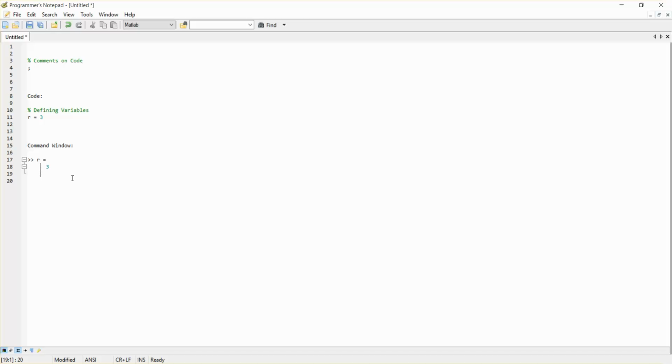MATLAB will essentially just tell you what R is, even though you've already defined it. But if you put a semicolon here and you run your script, you won't see anything happen. But if you ask for R in the future, you'll get R is equal to 3. So a semicolon is you telling MATLAB, hey, R is equal to 3, I know it's equal to 3, but with the semicolon you're saying, don't show it to me, I don't need to see it because I already know what I set it as. So that's what semicolons are for.